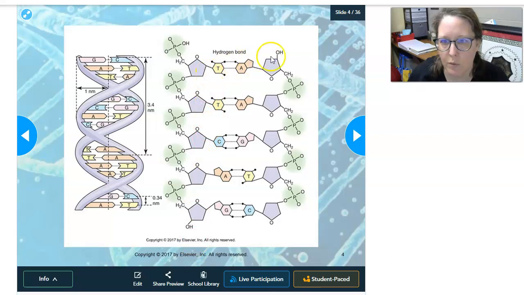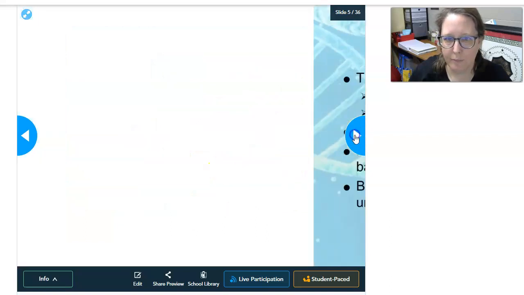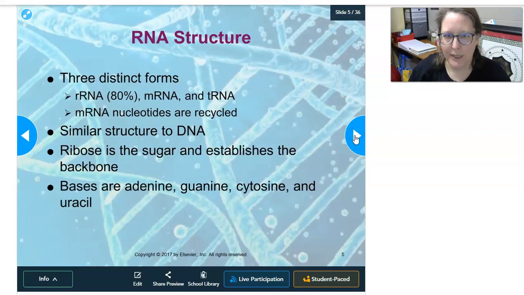On the inside of this double-stranded molecule, you have your bases shown as to how they pair up. These pair with hydrogen bonds, so they do stick together, but they are easily separated so that the code can be read, as we're going to talk about in just a few slides.